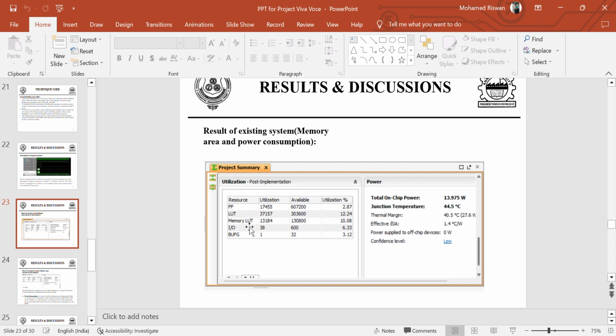But with our proposed design, we remove these memory elements, because the memory utilization plus flip-flops, both were added. That is reduced there. And the power consumption is 13.975, which is too much. When we propose ours, it is reduced to one fourth. That's the thing here. Thank you.